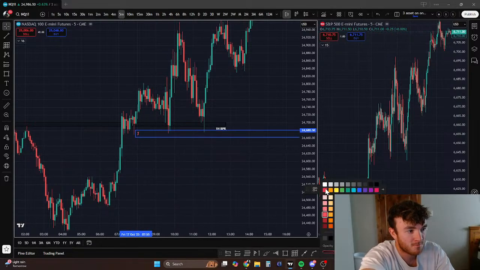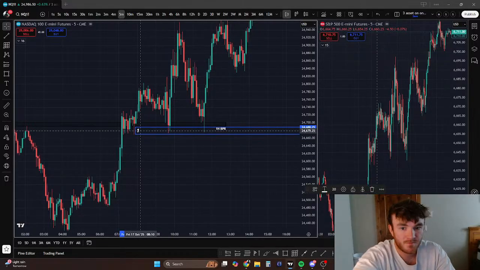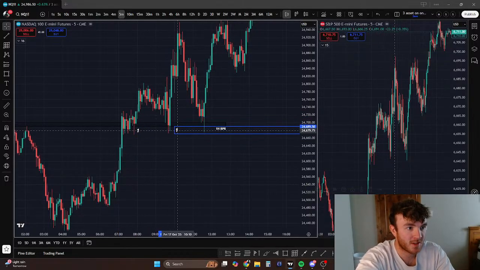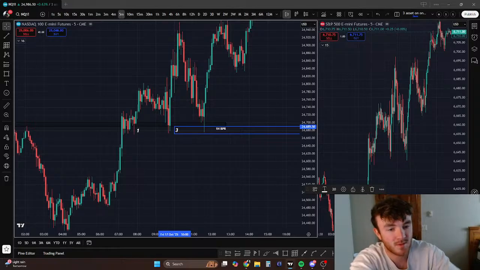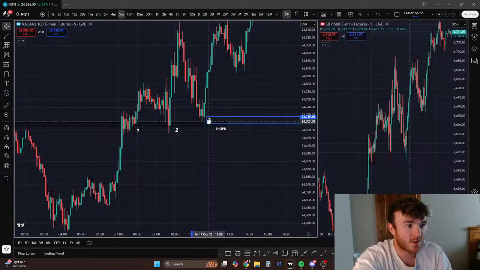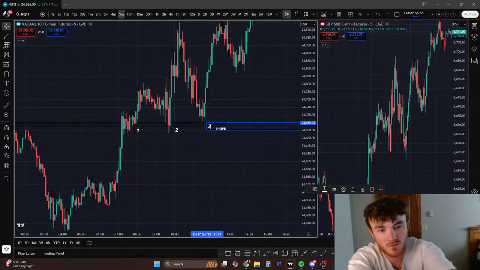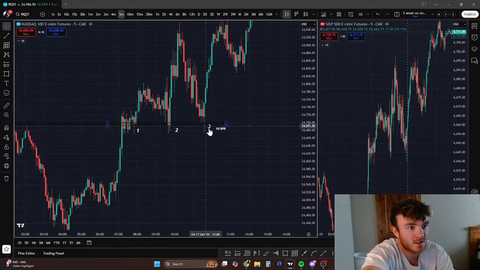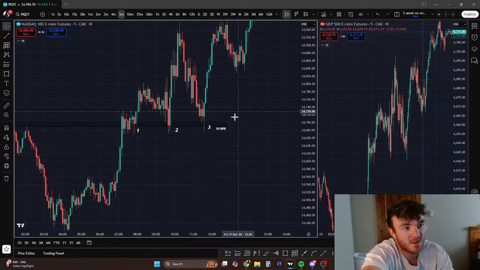1, 2. So this is a reclaimed fair value gap or a reclaimed BPR. We use it 3 times. I like to call it supercharged when we use it more than once, and then the third time is going to be very explosive.